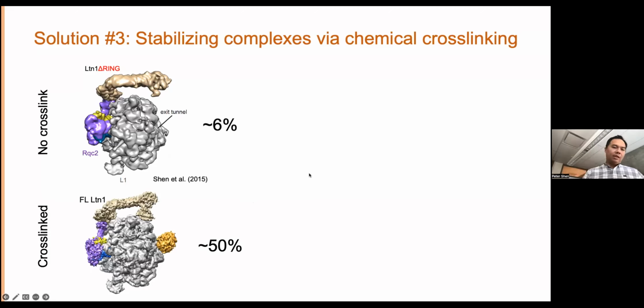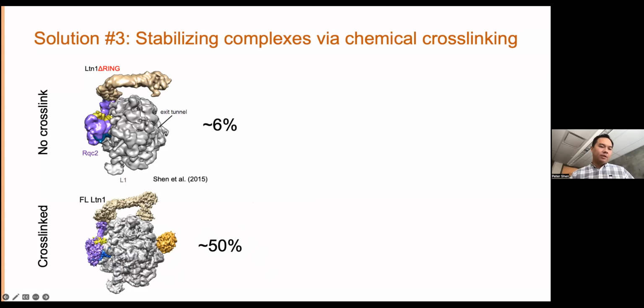After cross-linking, we were able to achieve a very similar structure, but now with a highly enriched population of intact particles. And in this case, we were even able to observe new density that we hadn't detected before.